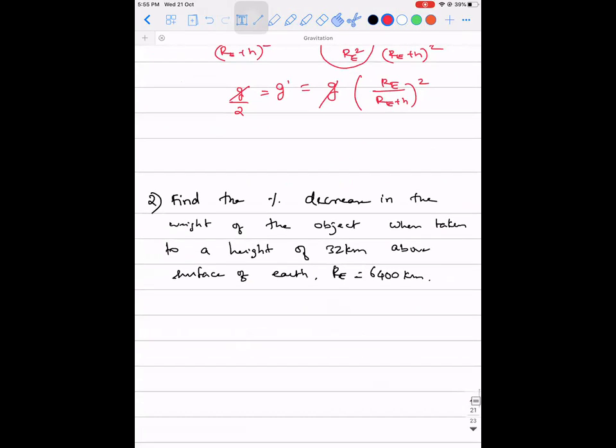So the next one is: find the percentage decrease in the weight of the object when taken to a height of 32 kilometers. So if you observe, 32 kilometers is very small compared to 6,400. So in this case, since H is very much less than RE, G dash will be equal to G into 1 minus 2H divided by RE.